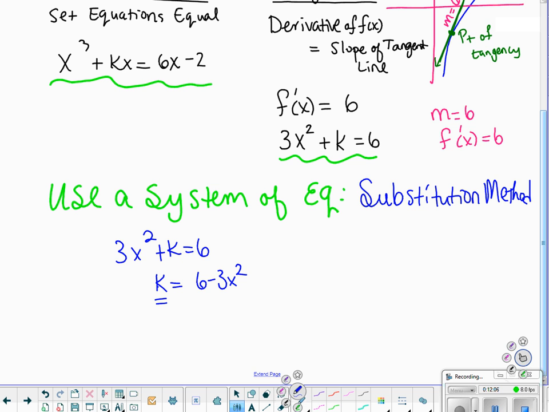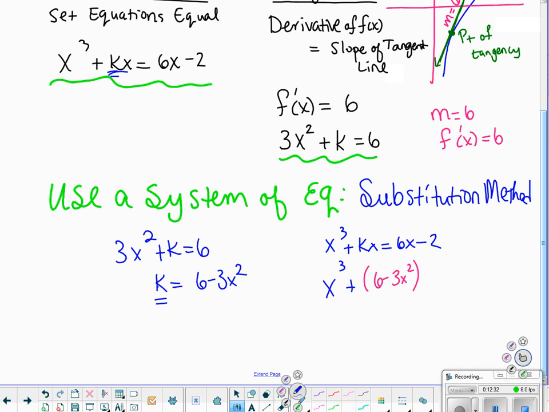Now we're going to substitute k right here with our 6 minus 3x squared. So it's going to sub into x cubed plus kx equals 6x minus 2. So this will look like x cubed plus, instead of k, we're writing down 6 minus 3x squared.